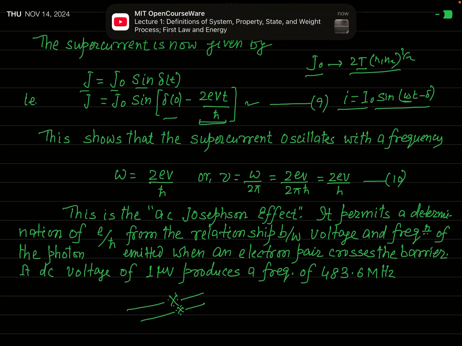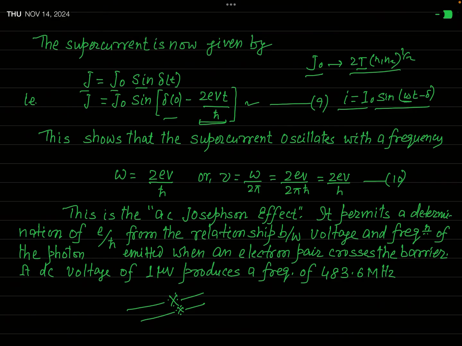So this result shows that the supercurrent is of alternating nature. It is an oscillating current, and it oscillates with an angular frequency omega equal to 2eV over h bar. I had already stated this fact in the beginning without proof, but now you can see how we can say that the supercurrent's angular frequency is 2eV over h bar.